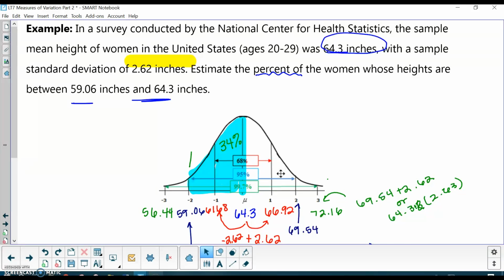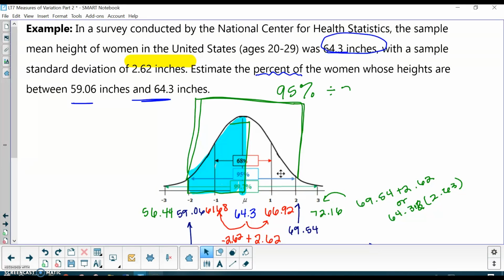And then if we have 95 in that, or let's do this, let's backtrack a little bit. If we have 95 in this whole entire region, this is only half of it, so we need to do 95% divided by 2 to get the percentage of it. So it's 47.5%.